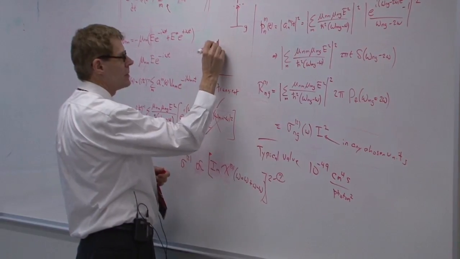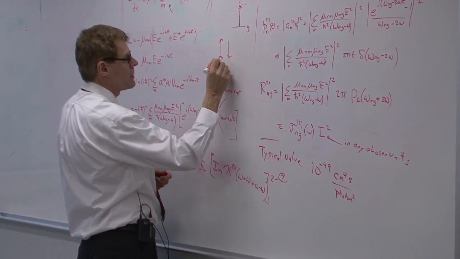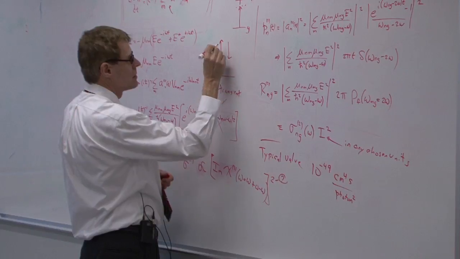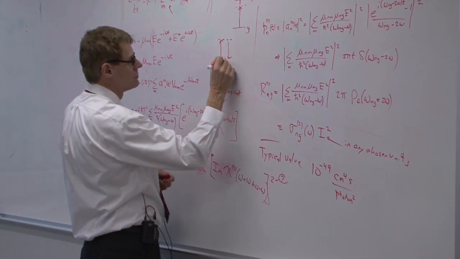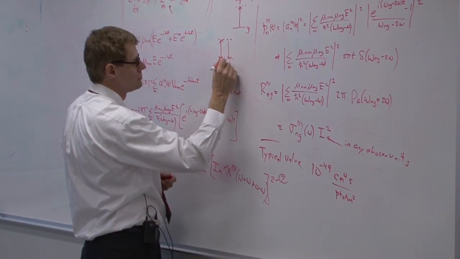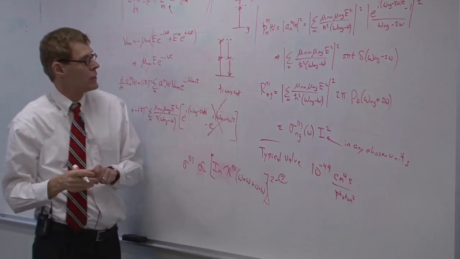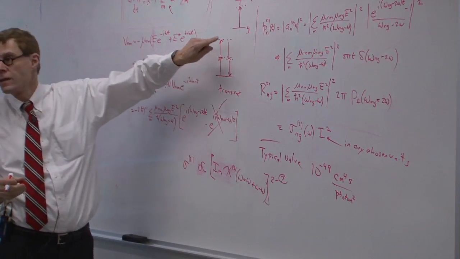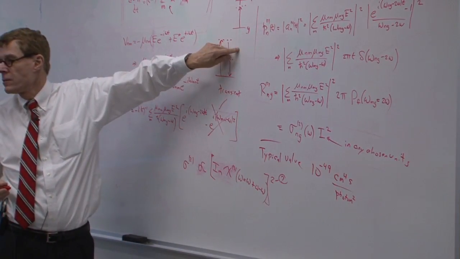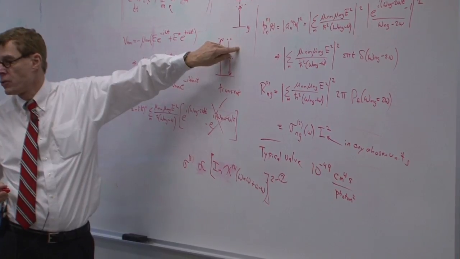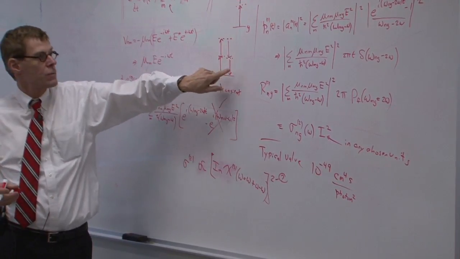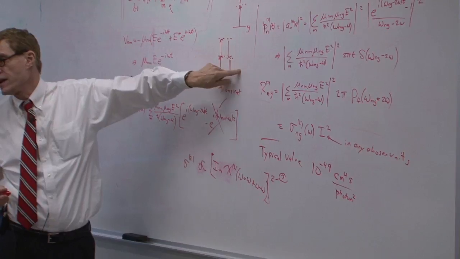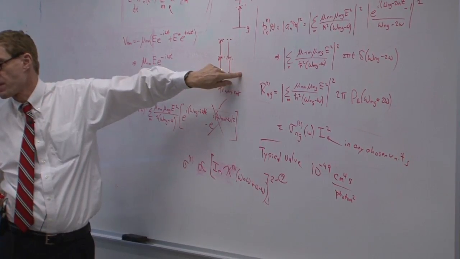I will say I'm going to treat this parametric process. I will ask, how do these three fields develop a polarization that will modify the amplitude of this field here?